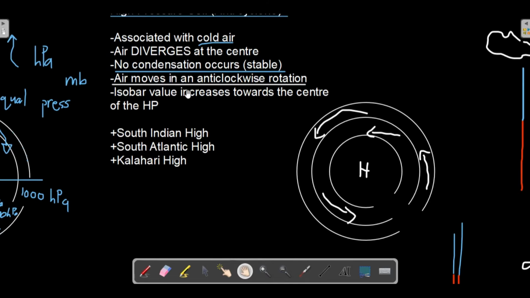So we also see that as we are moving towards the center there, the pressure actually increases. Isobar values increase. So if this is 1,000 hectopascals, then the following could be 1100 hectopascals, and the next one, of course, towards the center could be 1200 hectopascals.